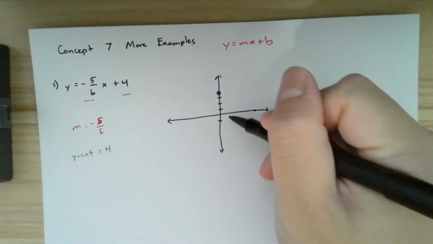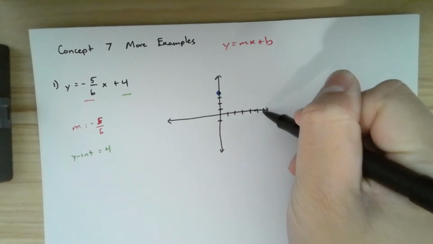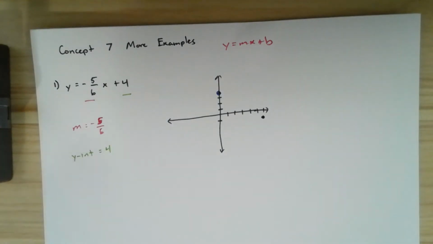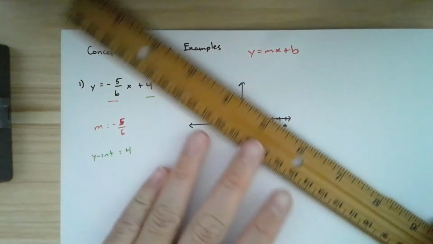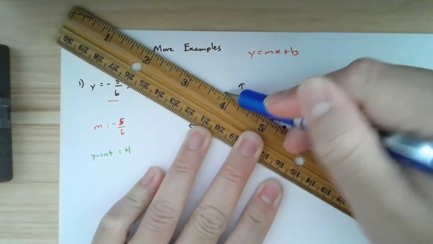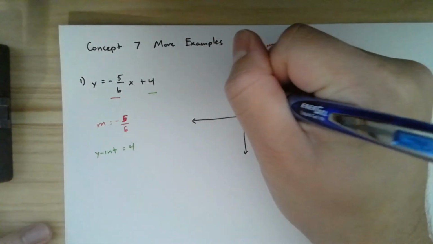And then the run is 6: 1, 2, 3, 4, 5, 6. So about there. Okay. Now once you have these 2 points, use a straight edge, and then you connect them, and there's your line. Okay?